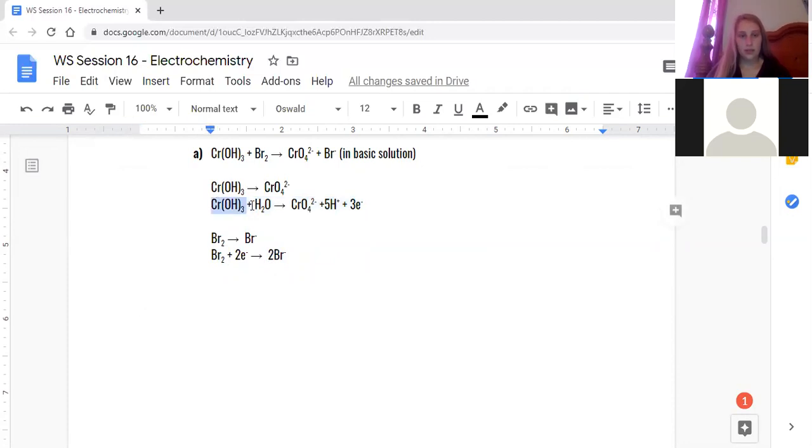So we have this, plus everything before the arrow added together. Okay, and then we're going to have everything after the arrow. Yeah, so here we are.